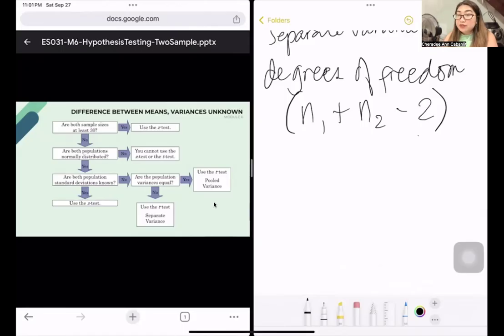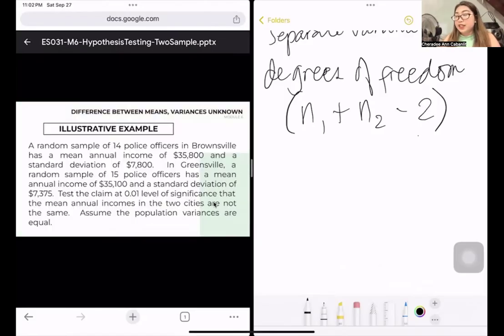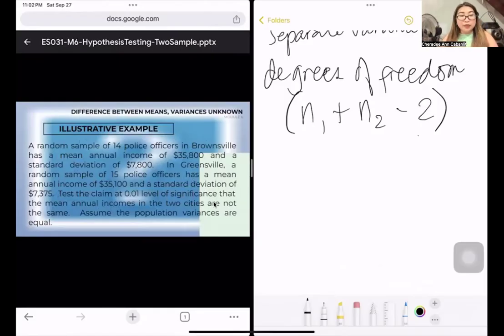Now, if they are known, use the z-test. However, if the variances are not known, we will now compute using the pooled variance t-test or the separate variance t-test. Okay? Now, given this example, no?